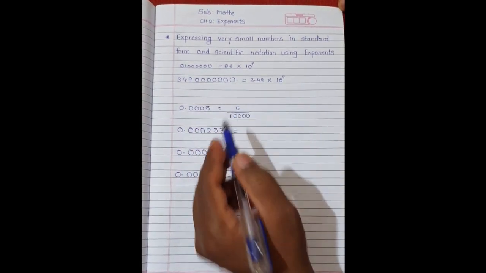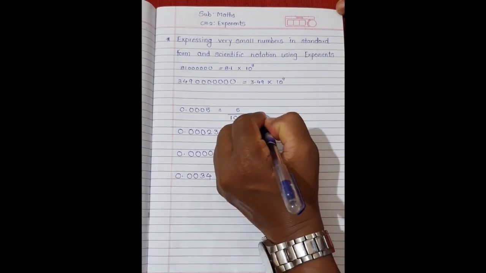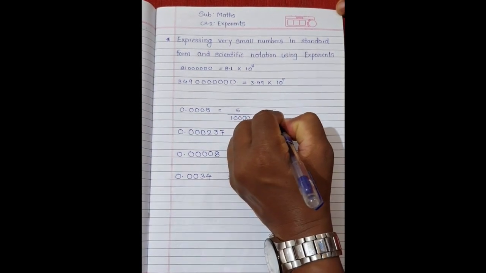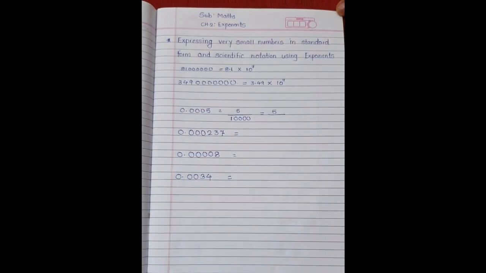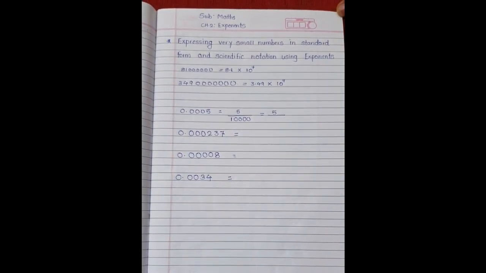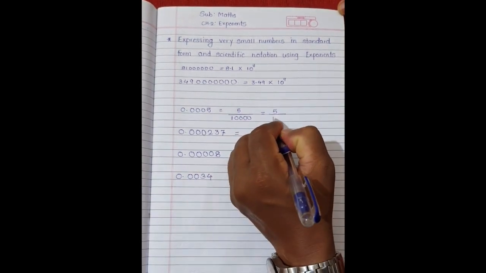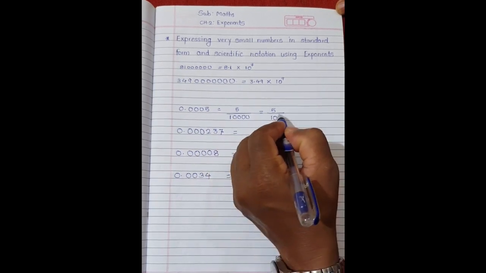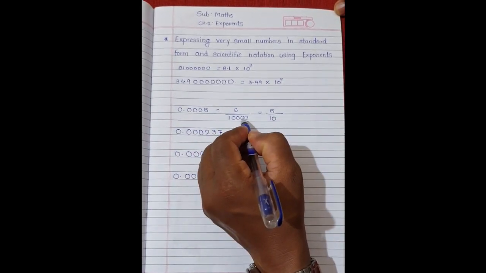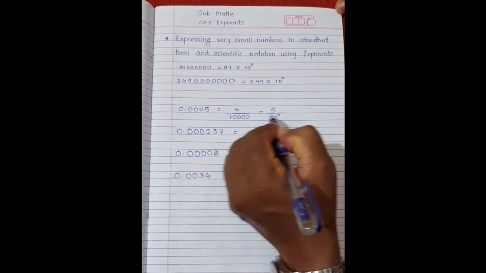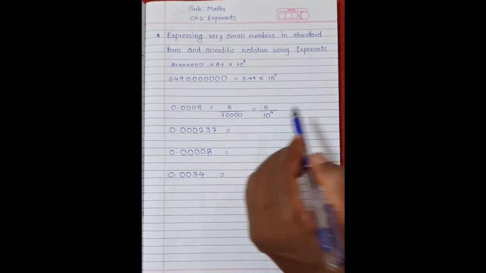So this we have expressed in the form of numerator and denominator. Now see, 5 upon 10,000, with 10,000 expressed as an integral power of 10. Write 10 here, then what power should be given? 10,000 means which power of 10? It is 1, 2, 3, 4, the fourth power of 10.